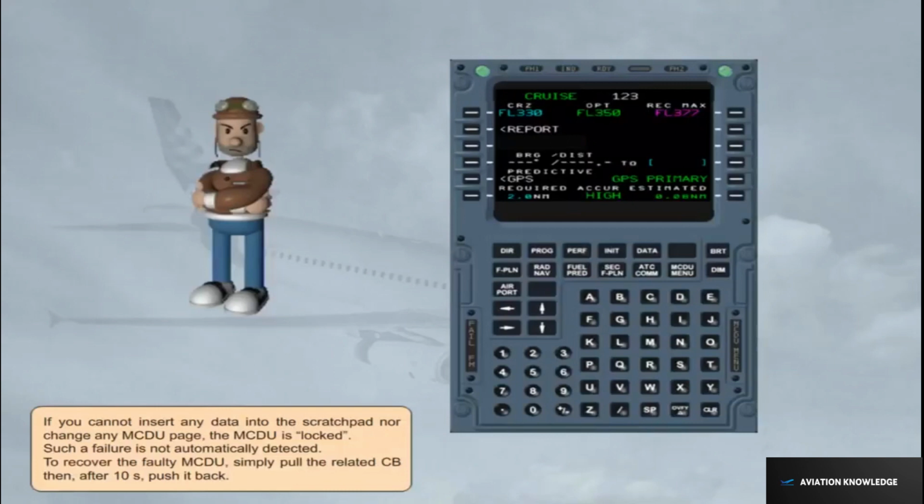If you cannot insert any data into the scratchpad, nor change any MCDU page, the MCDU is locked. Such a failure is not automatically detected. To recover the faulty MCDU, simply pull the related circuit breaker, then, after 10 seconds, push it back.